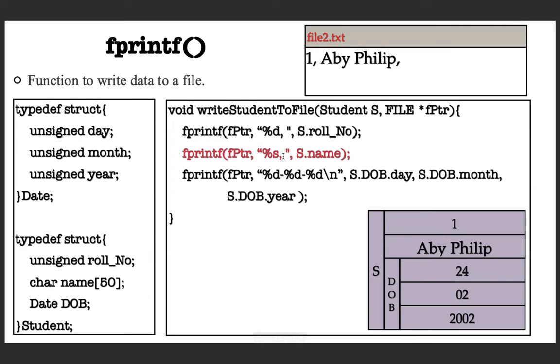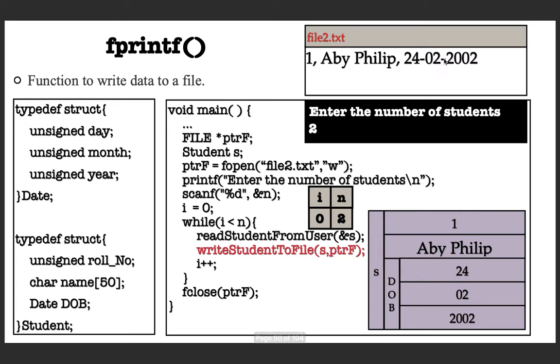Yeah, note that a comma is also printed and a space after that. And coming to the last statement, you are printing 24-2-2002 into this file after this. So this is exactly what we wanted, and you finished executing that function and going back.